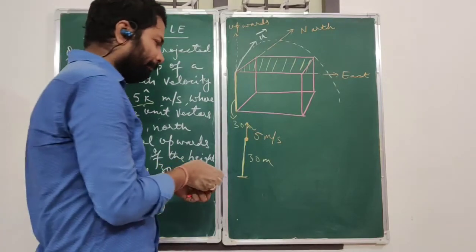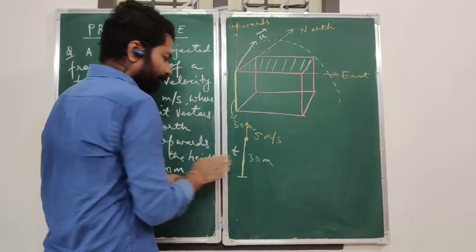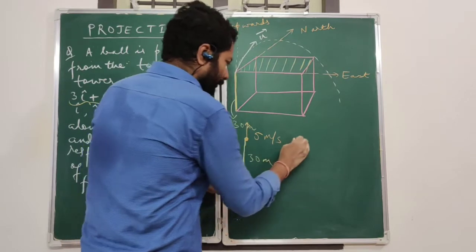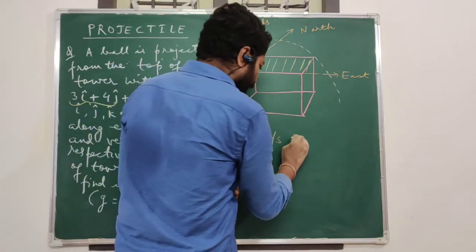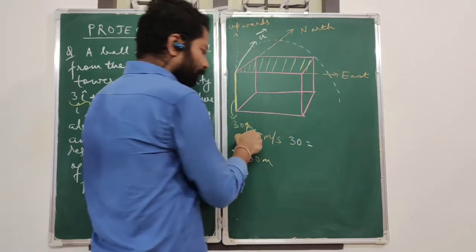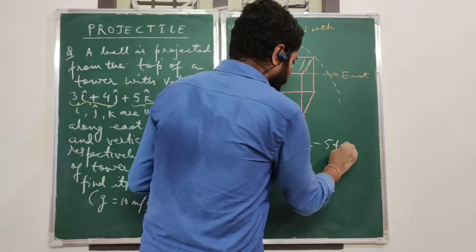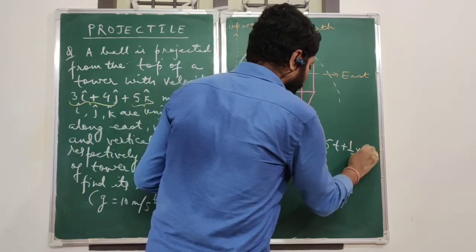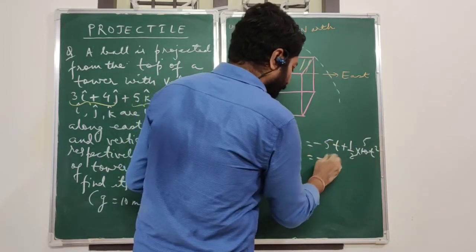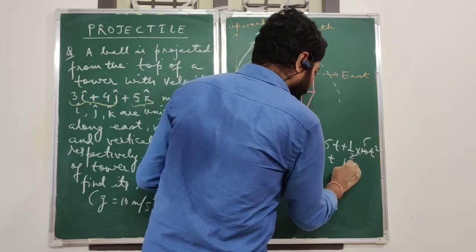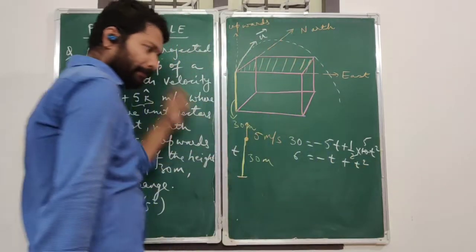Yes, let us say the time taken to come down is t. So we will write s is equal to ut plus half at square. So 30 should be equal to minus 5t plus half into 10 into t square. So this is 6 equals minus t plus t square.